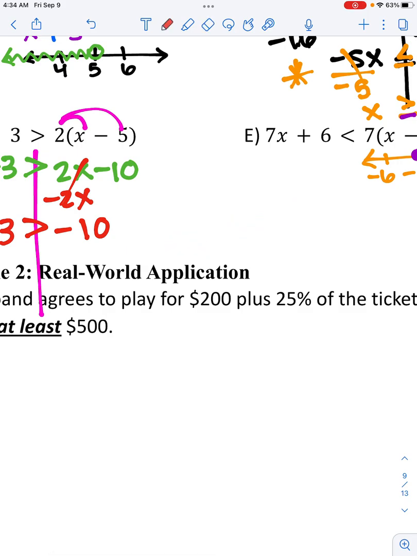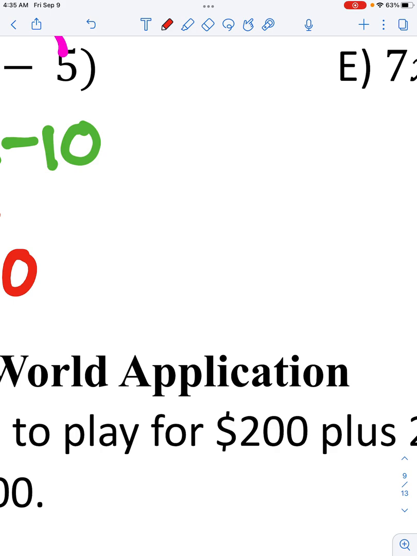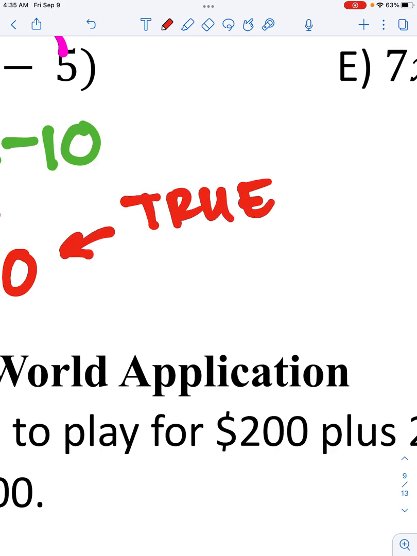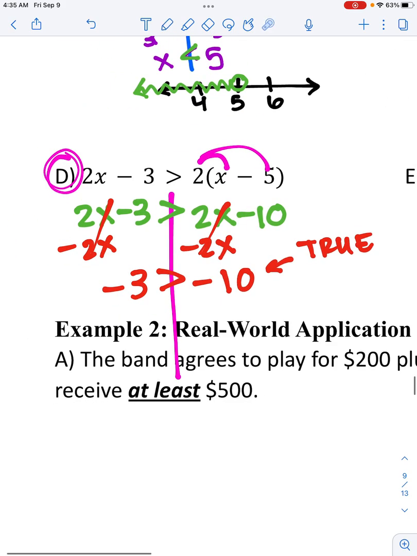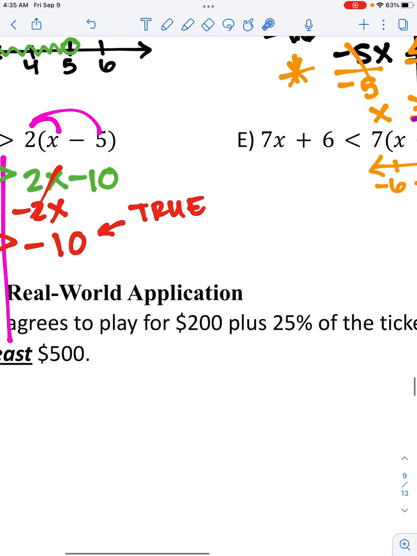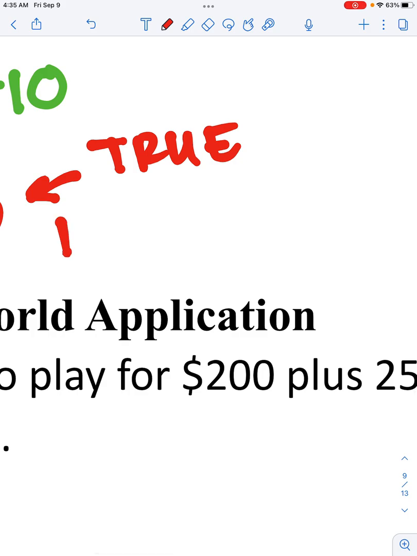So if this is a true statement, what that means is that no matter what value I plug in for x on either of these sides, they're always going to cancel each other out, and I'll always be left with the true statement. So I can put any number I want for x, and it's going to be a solution. So what we would say here is we have infinite solutions.